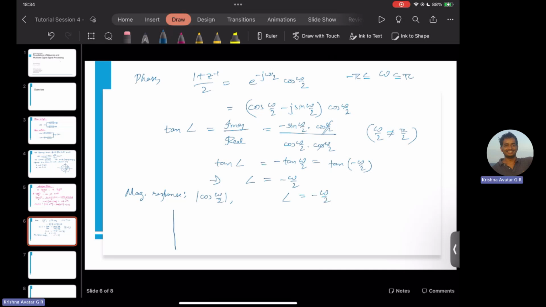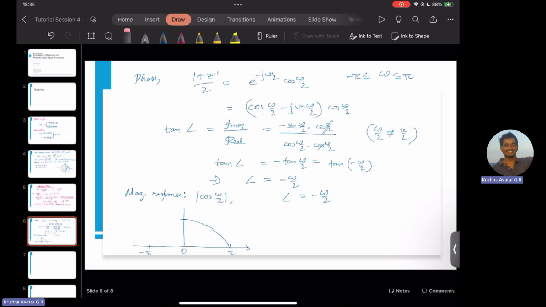The absolute value of cosine omega by 2 is going to be 1 at 0, and say bounded on both sides by pi and minus pi. Here it is going to be 0, drops down, it becomes pi by 2.